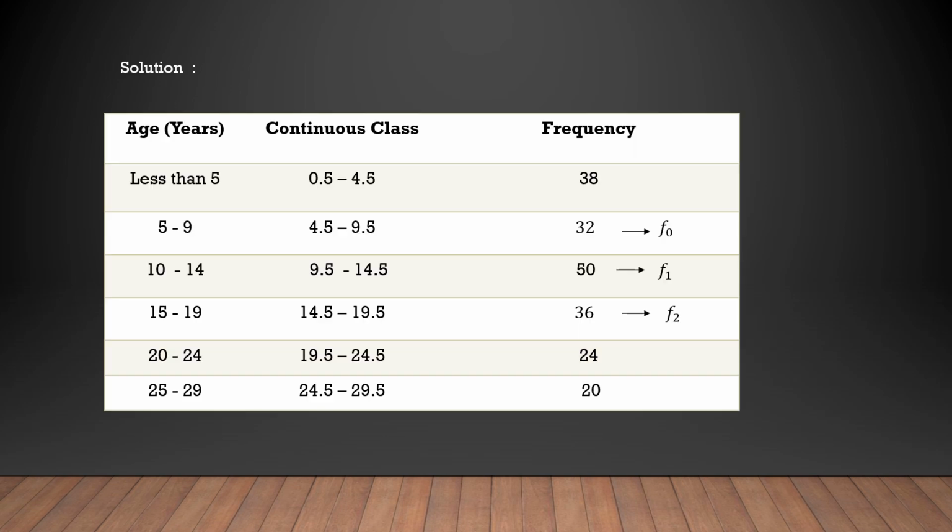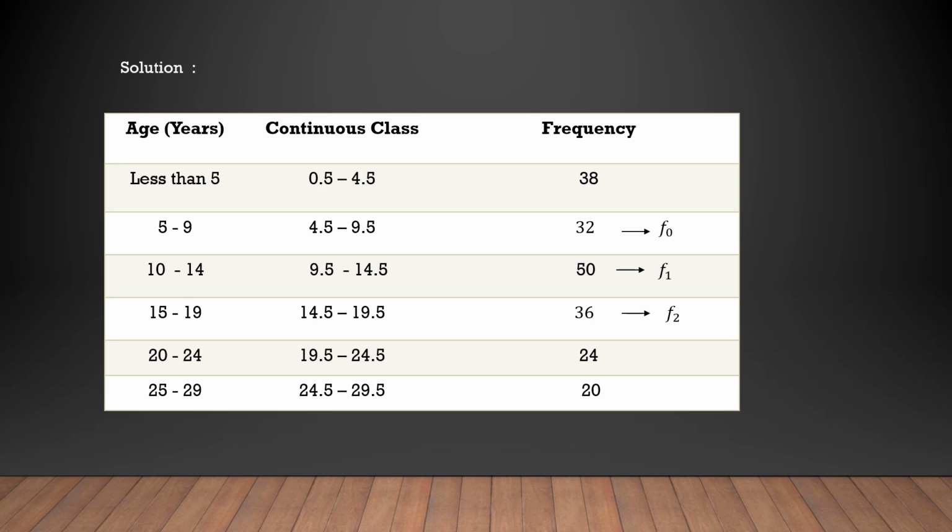So the solution is here. In the table we draw 3 columns. Why? Because the first column, age in years, has values which are not continuous: less than 5, then 5 to 9, then 10 to 14, 15 to 19, 20 to 24, 25 to 29.